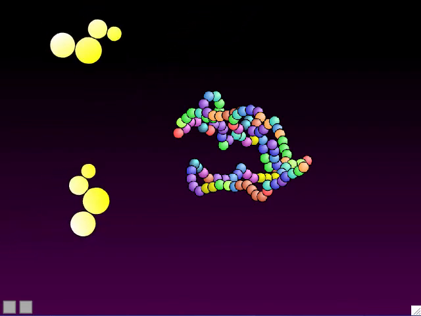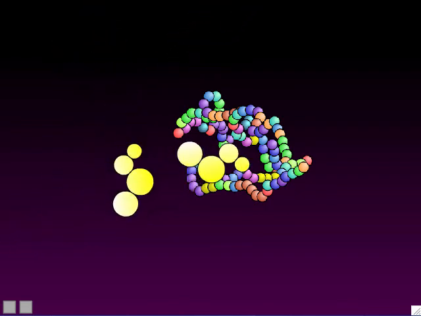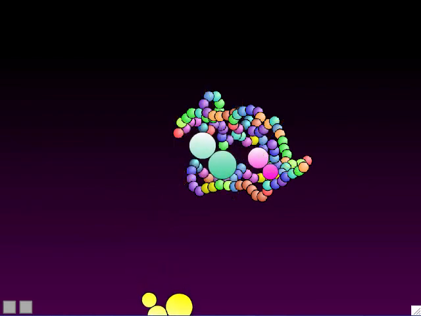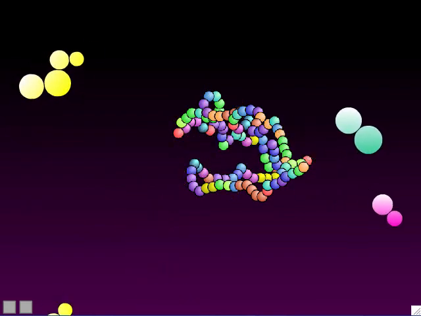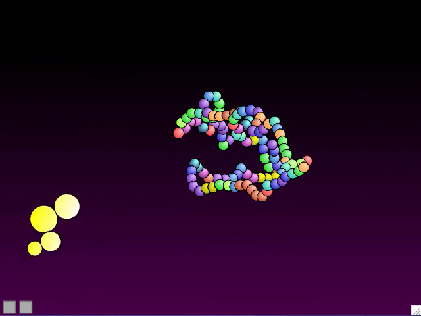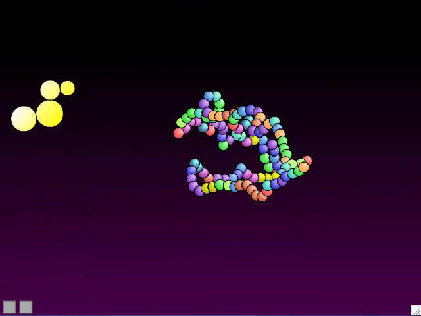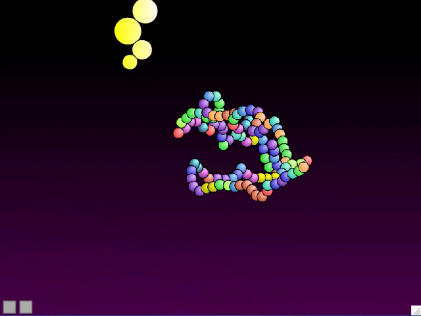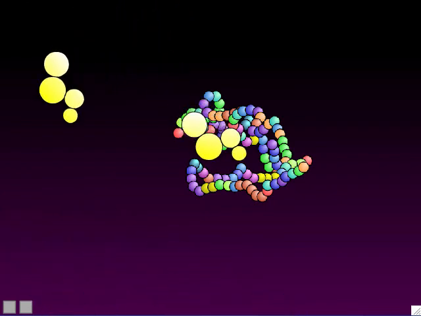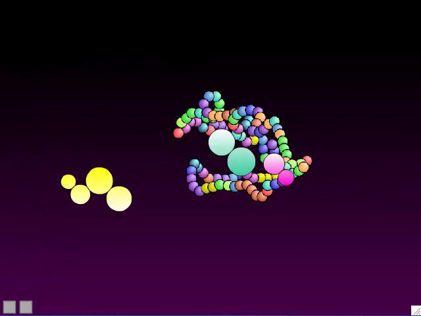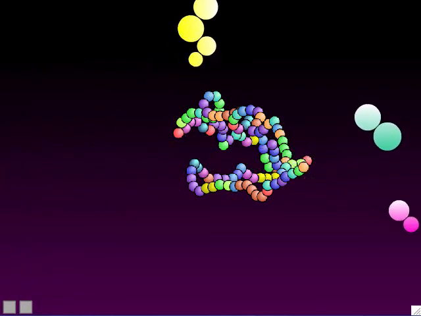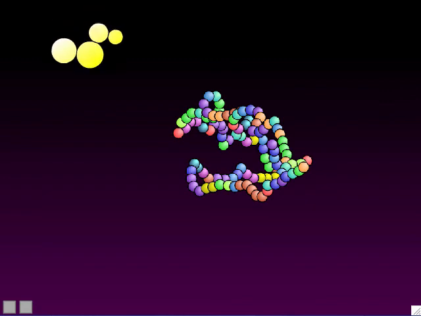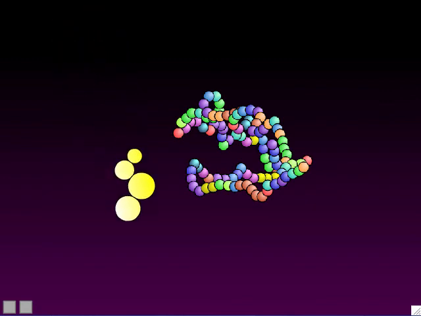Eventually a substrate molecule will happen to drift into the enzyme and fit into its active site. And then the enzyme will be able to perform its chemical reaction and make the product molecules from the substrate. But again, the point I'm making here is that the molecules just have to randomly run into the enzyme for the enzyme to be able to bind to them and do the chemical reaction on them.